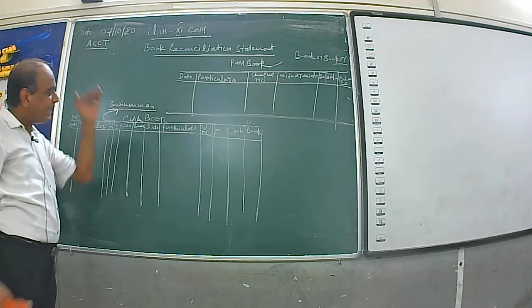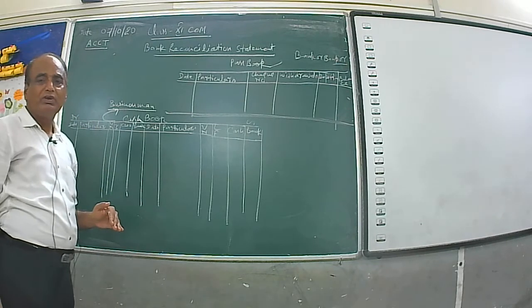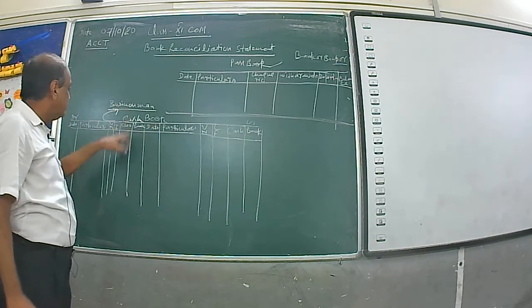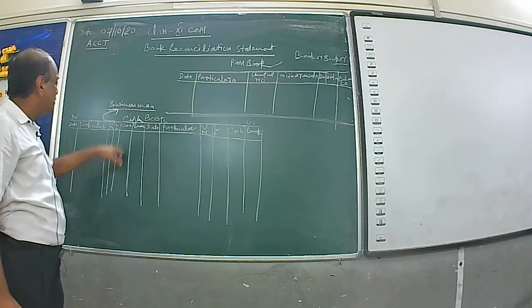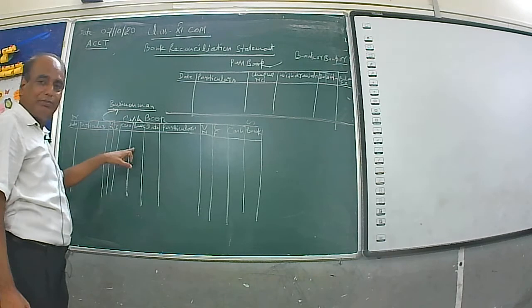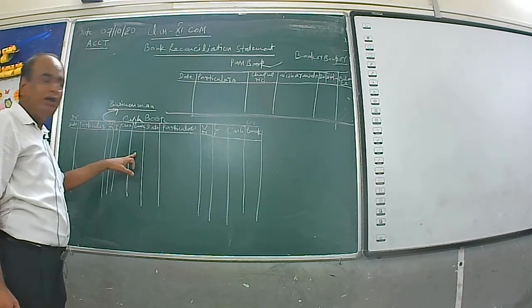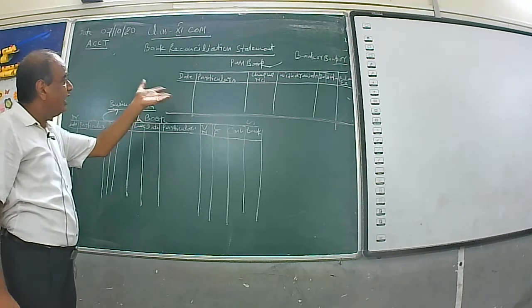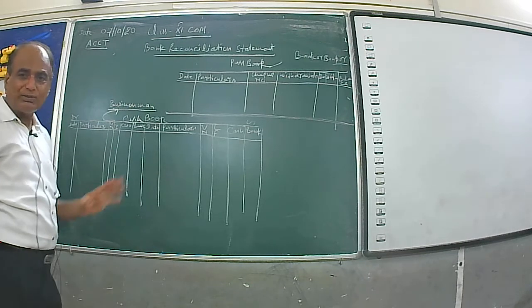Whenever a transaction takes place, the businessman records that transaction in the bank column of cash book, and that is also recorded in passbook.